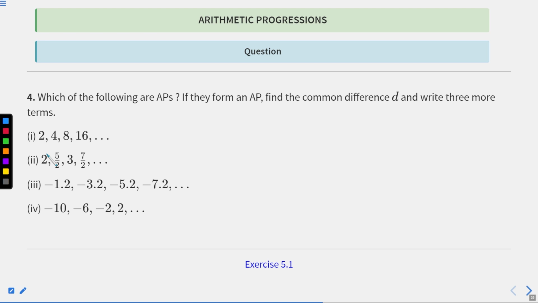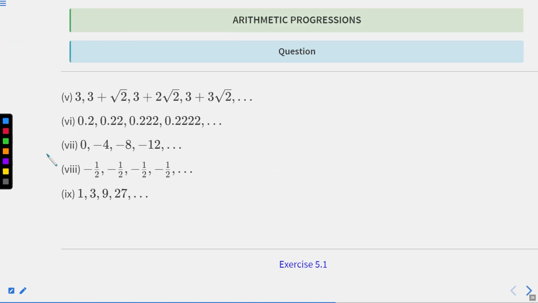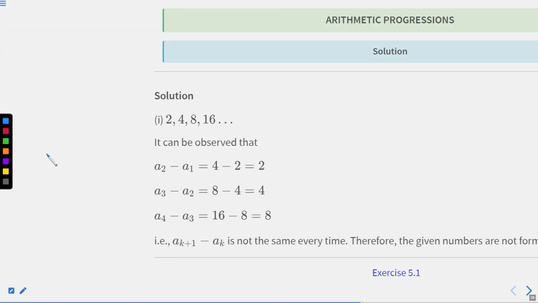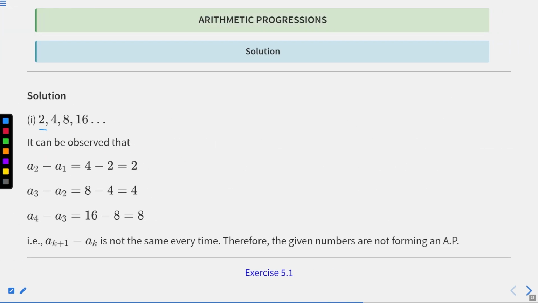So here 2, 4, 8, 16, and so on. It can be observed that A2 minus A1 is equal to 4 minus 2, that is equal to 2. Okay, and A3 minus A2 is equal to 8 minus 4, that is equal to 4.